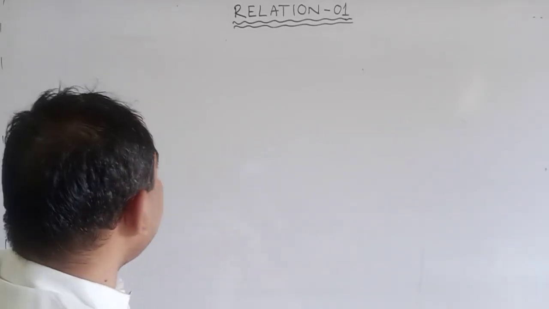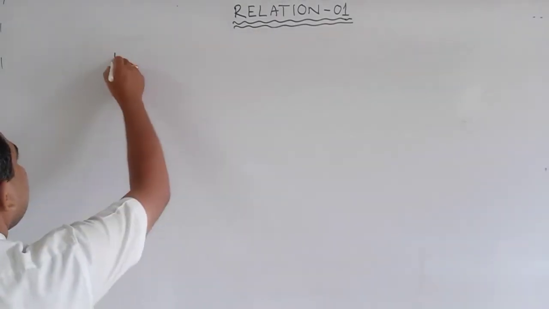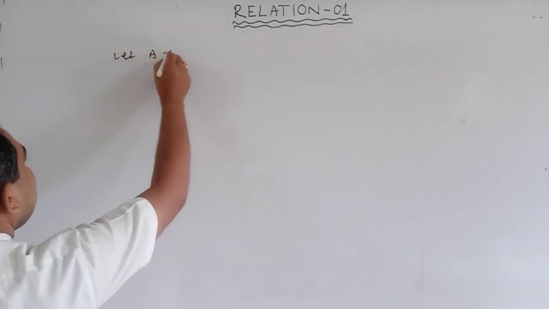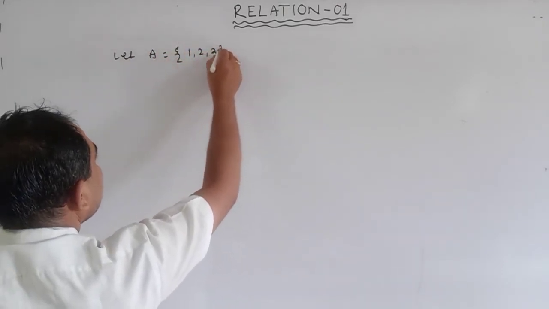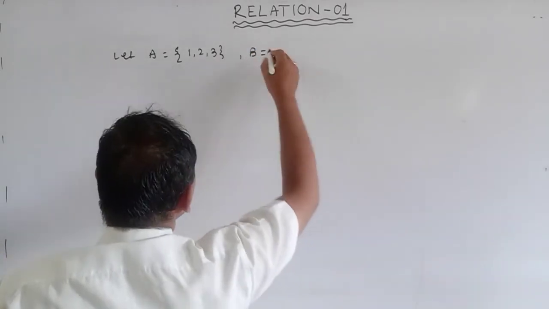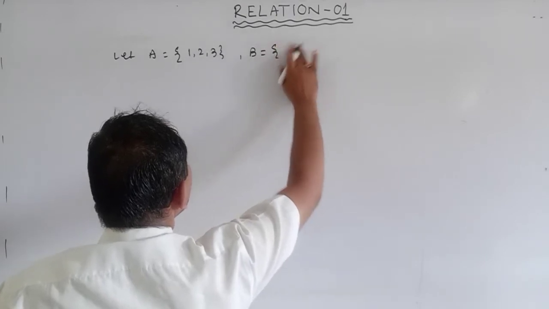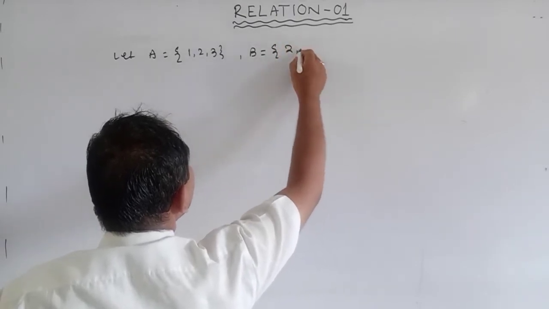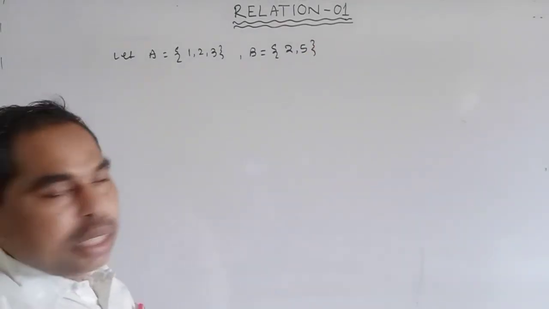Look at an example. Let capital A is equal to {1, 2, 3} and capital B is equal to {2, 5}. So A contains 3 elements, B contains 2 elements.